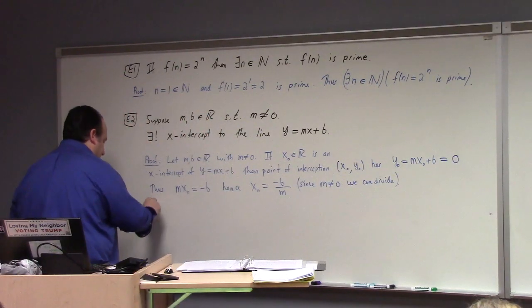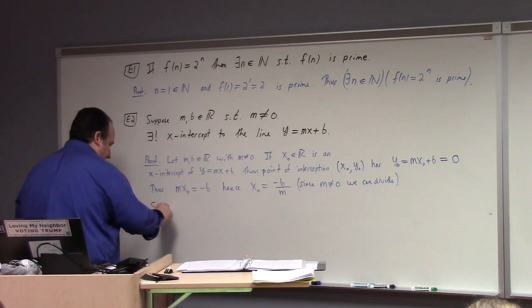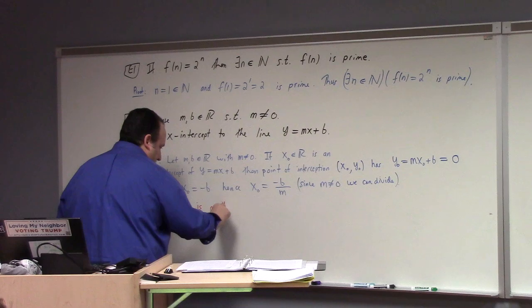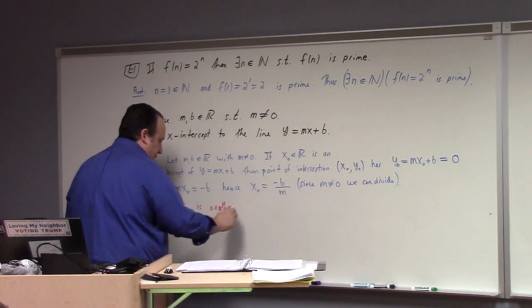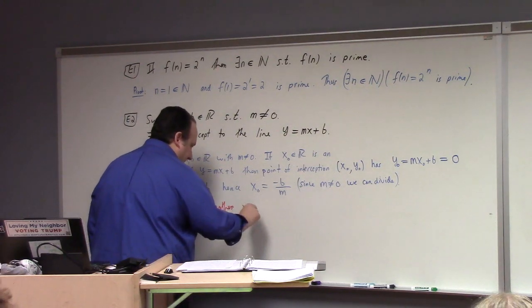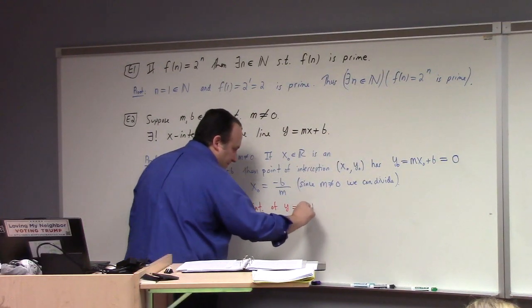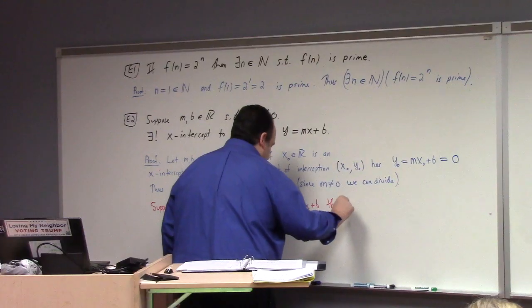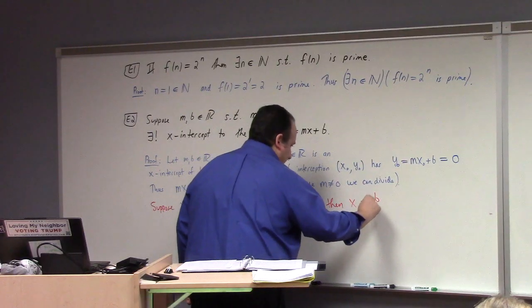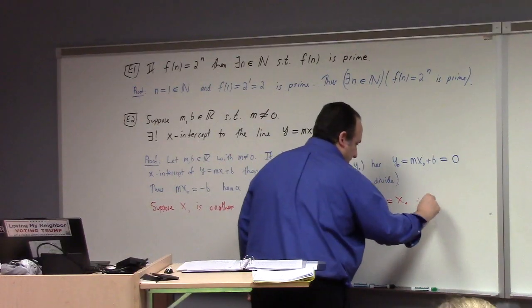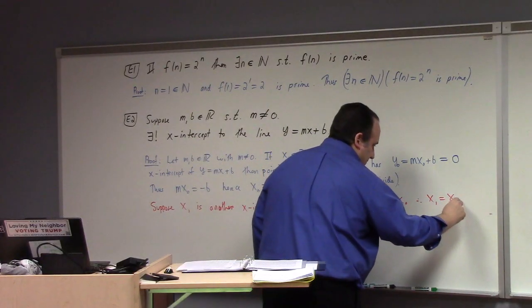You can say, okay, so suppose x1 is another x-intercept of y equals mx plus b, right? Then x1 is equal to minus b over m, but that's equal to x naught, right? So therefore, x1 is equal to x naught.